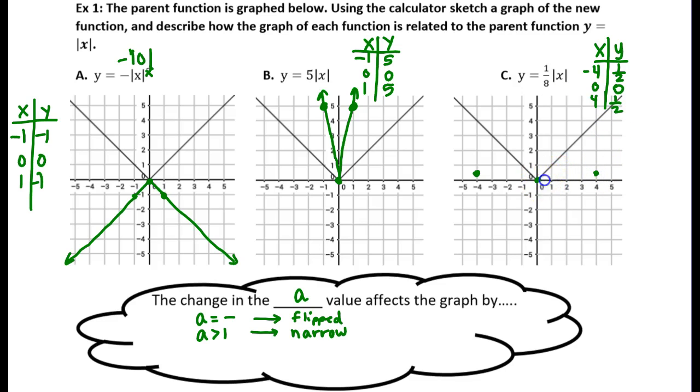And as you can see here, when I have a fraction out front that is less than 1 but greater than 0, so 0 is less than a, which is less than 1, aka a fraction, our graph is going to get wide.